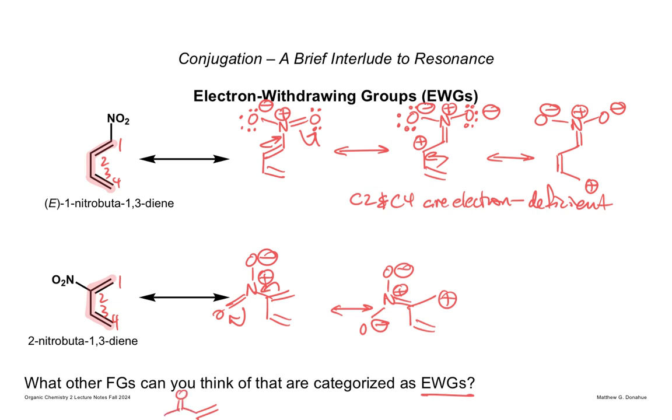Those can be aldehydes, ketones, basically anything with a carbonyl group, carboxylic acid, the ester. Amides have carbonyls, so they can be electron withdrawing.